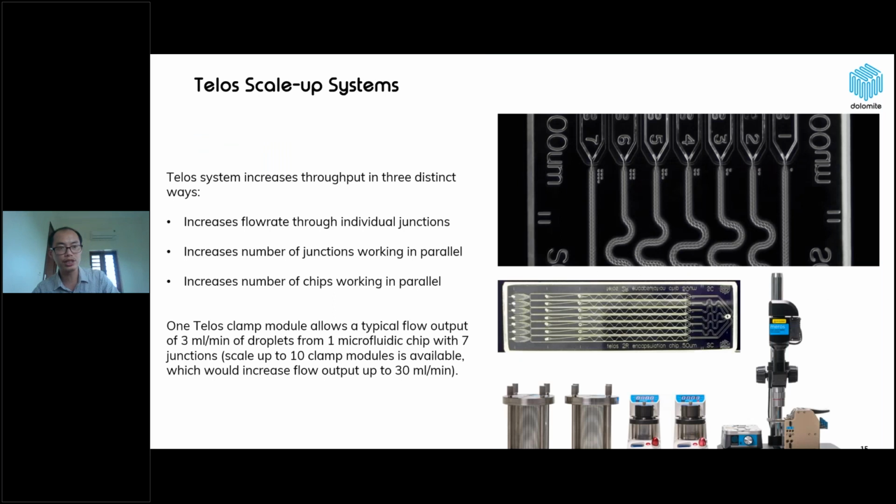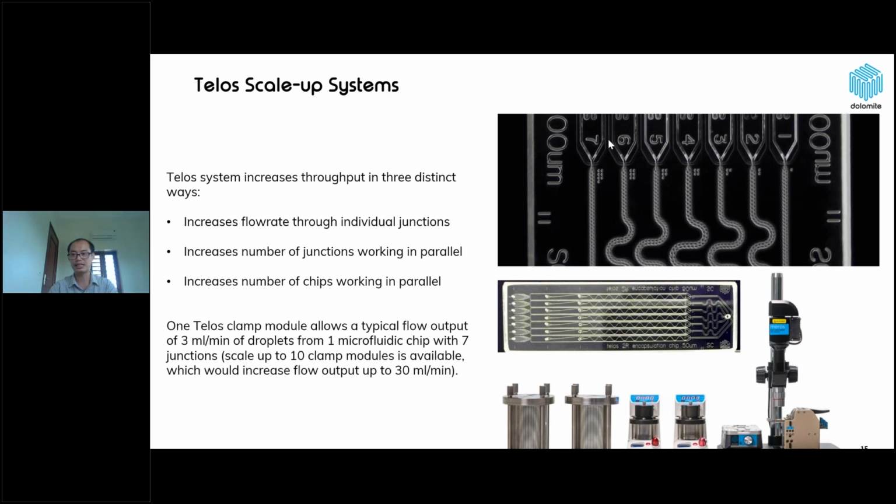For scale-up, we have the Taylor scale-up system. The Taylor system increases output in 3 distinct ways. First, it can increase the flow rate through the individual junctions. It can also increase the number of junctions working in parallel.